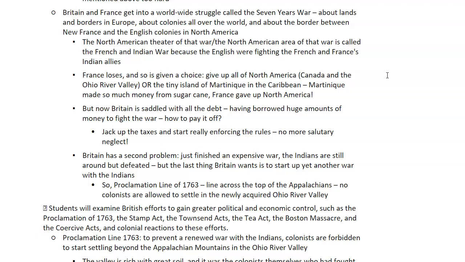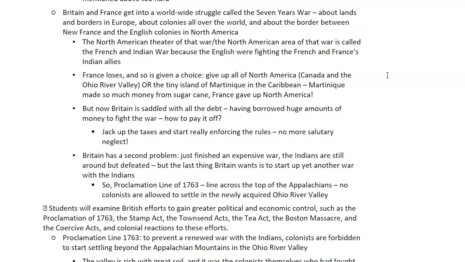Well, France lost the war. And when France lost, they are given a choice. Give up all of North America. That means they own Canada and the Ohio River Valley and everything out to the Mississippi. France owned all that. They could give all of that to England, or they could give up the tiny island of Martinique in the Caribbean.